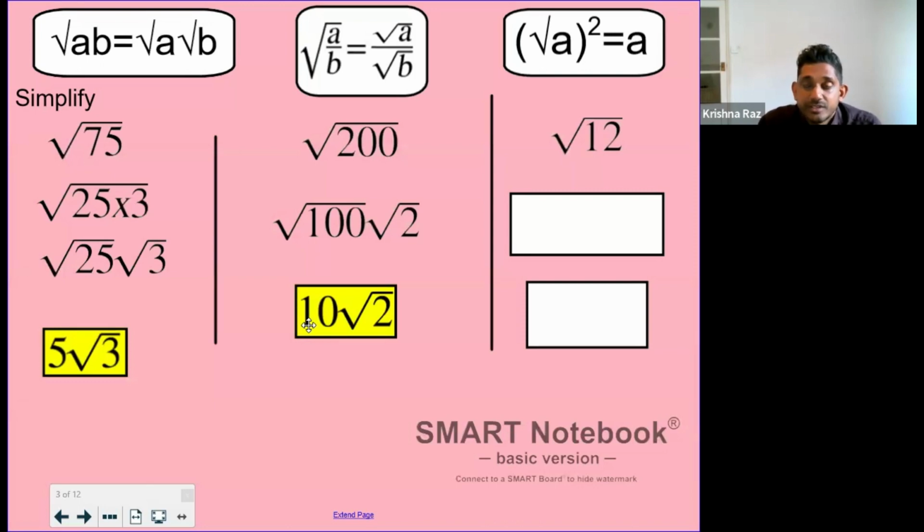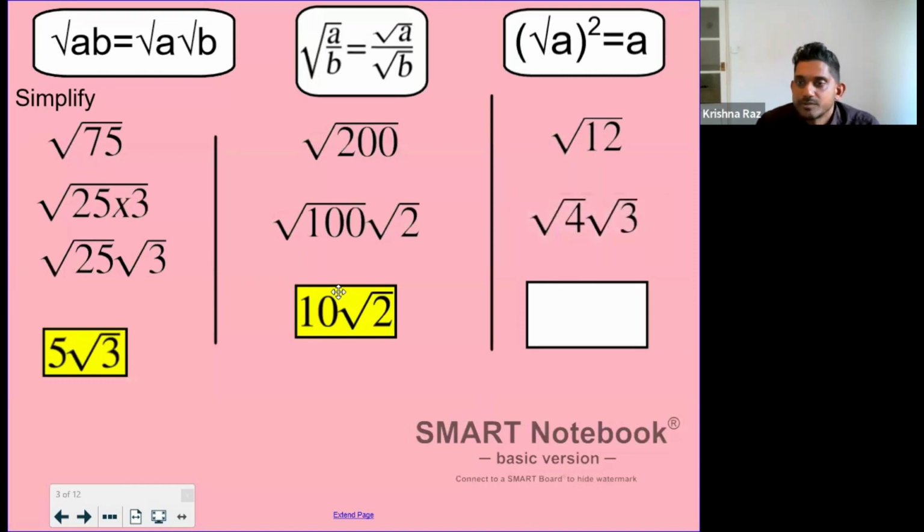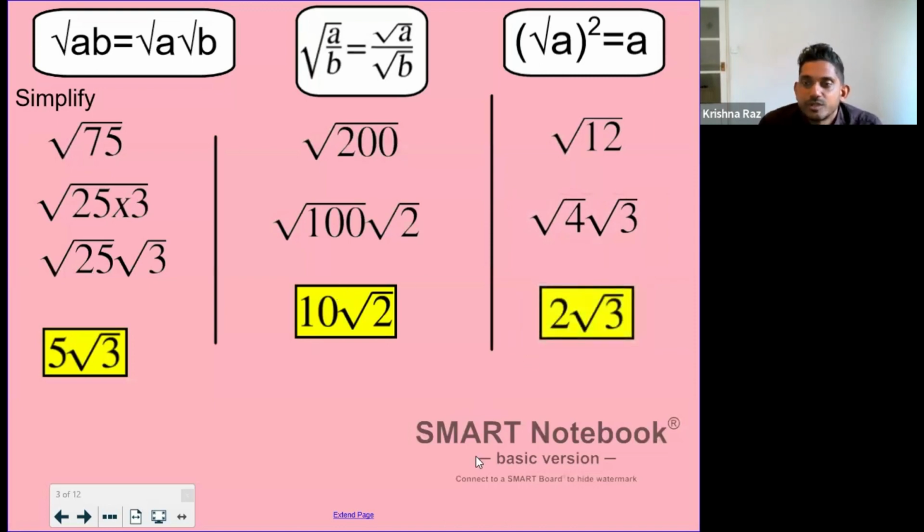So the third example, factors of 12, we could go 6 times 2, or we could go 4 times 3. We pick 4 times 3 because 4 is a square number. And what is the square root of 4? That's right. So we end up with 2 root 3.